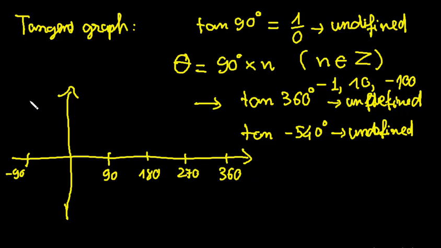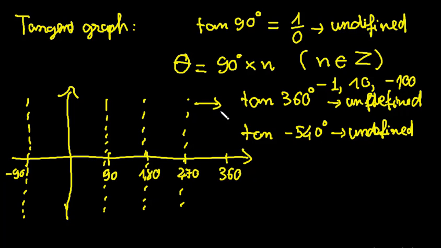So we will draw some dashed lines here. And now we will draw it. So look at this one. You have the graph of tan, and it will be something like this. We have a lot of them.